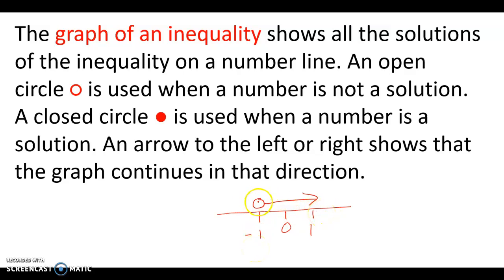If the circle is shaded at -1, that means it does include -1 as your answer. So that means it would have the equal to symbol with it. So if the circle is shaded or closed, that means it includes that number in the solution. If it's an empty circle, it is not a solution.